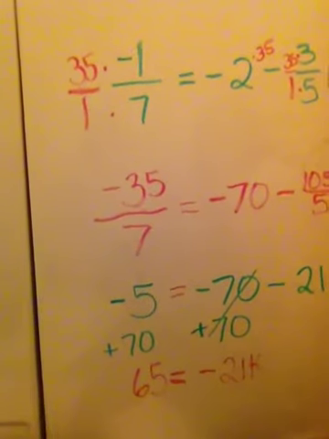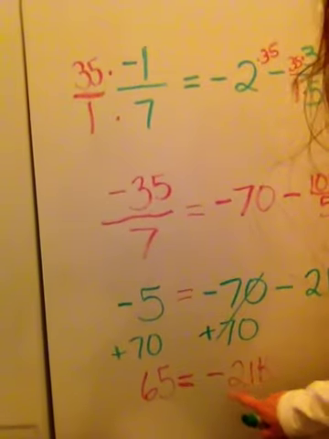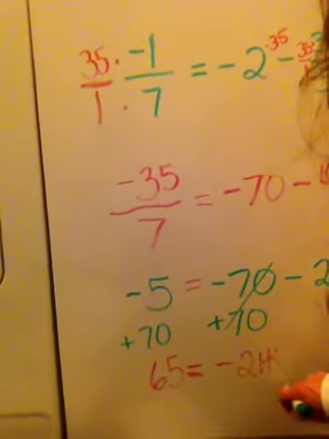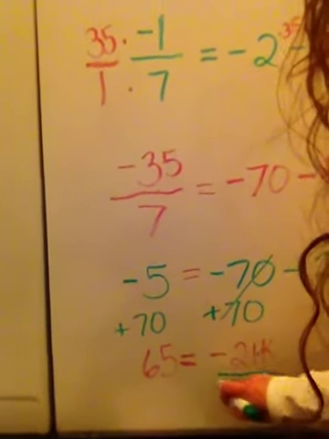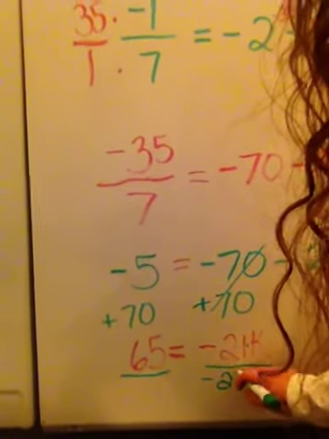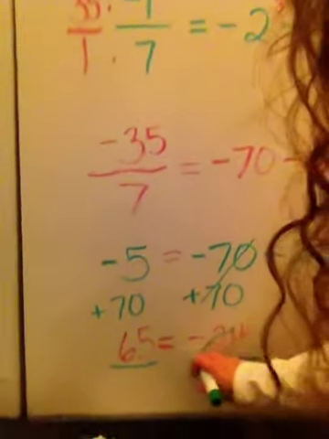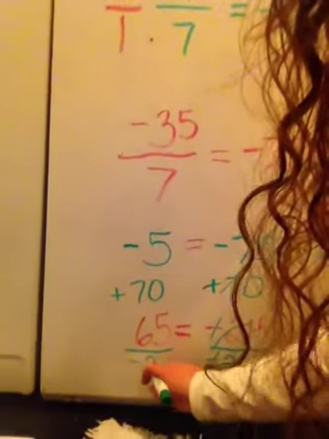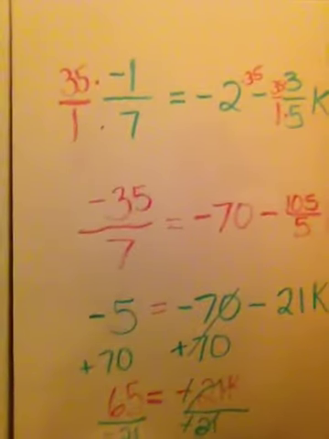Okay, now you're going to have to divide to get this negative 21 off, because the only way to undo multiply is the inverse operation, which is division. So I do negative 21 over negative 21, and those cancel. So I've got to do that over on the other side, divide by negative 21.